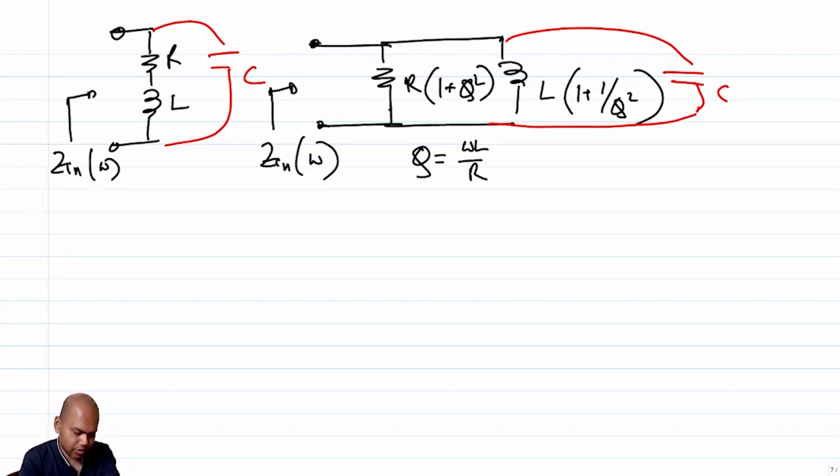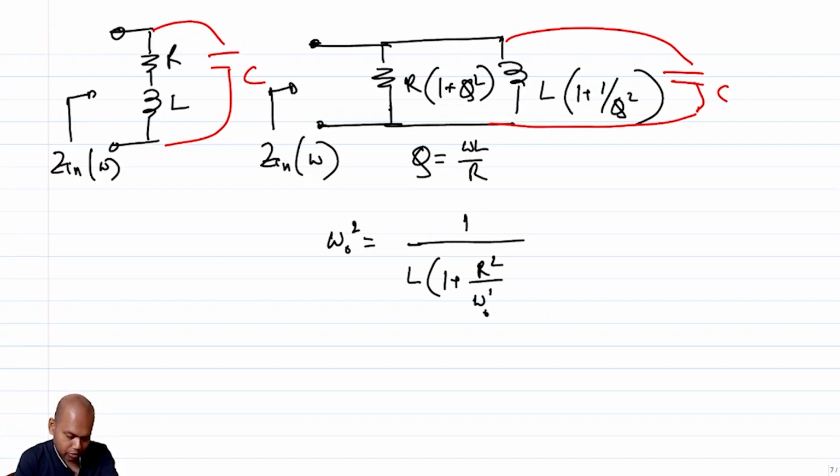So your resonant frequency omega naught, or omega naught square, is 1 over L times 1 plus 1 over Q squared, which is R square by omega naught square L squared, times C, right?